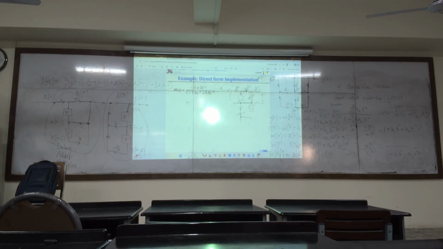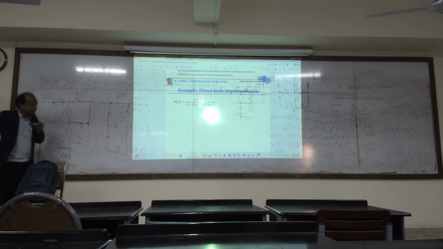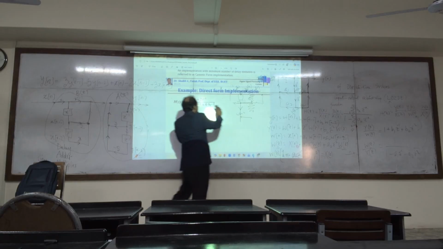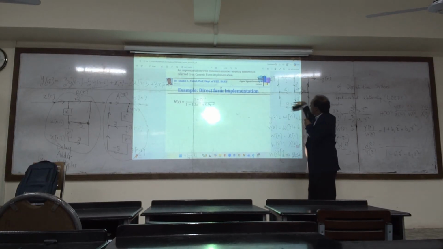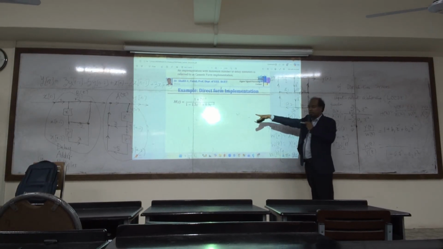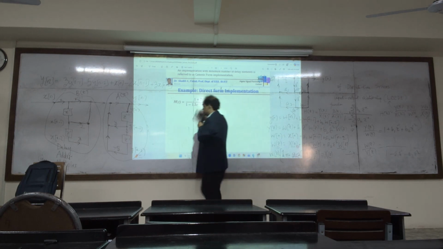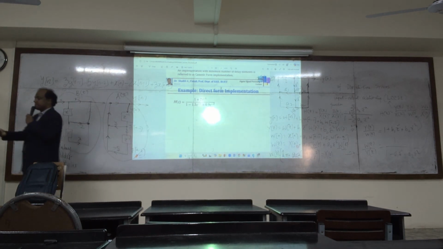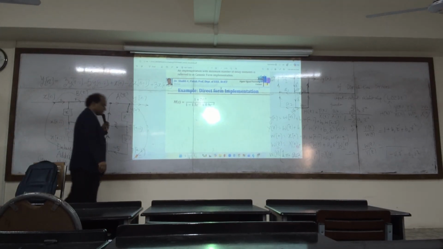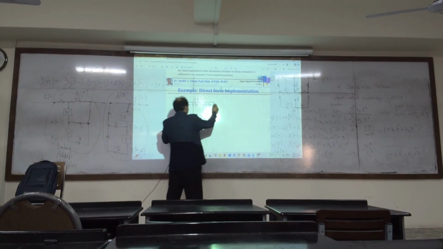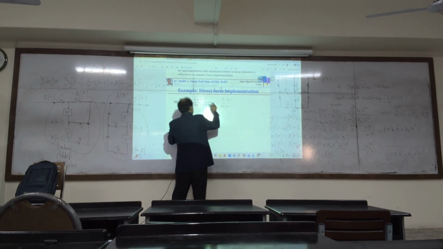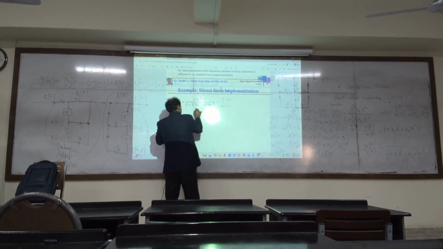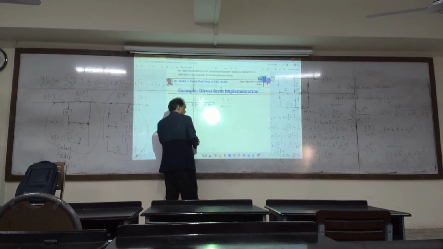So if I now ask you to draw an implementation for this, I'm sure you can draw it like this one. Try this with the help of this. Exactly. Draw this type of thing for this. Just try to recall your B and A. So these are your B coefficients, and these are your A coefficients.